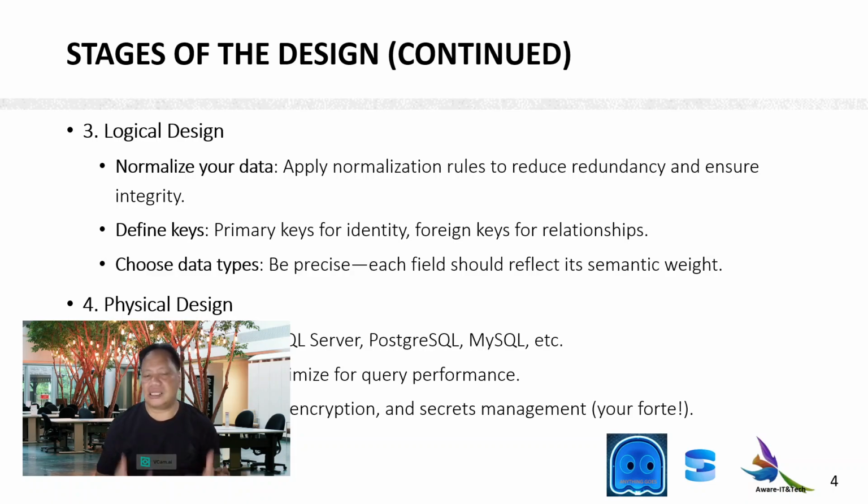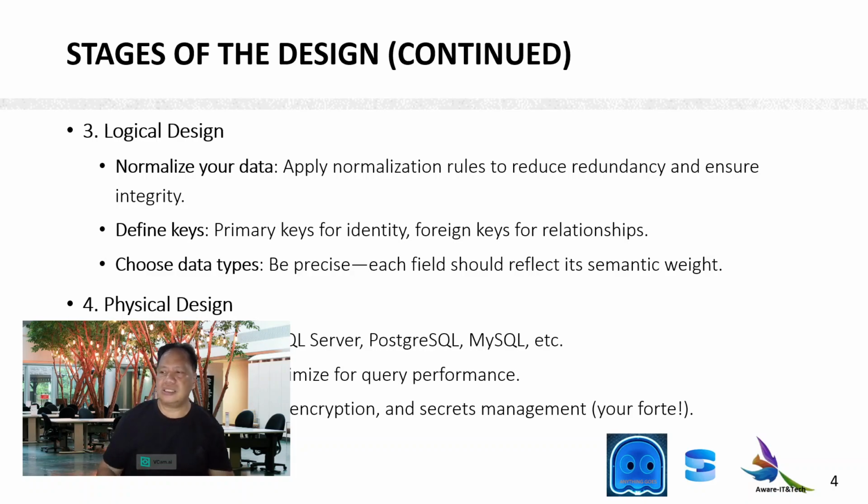And then physical design is where you actually code into the database. So those are the stages of your design, and that has been accelerated with the aid of AI, because you can just create a prototype application and then tweak it as the requirements come in.